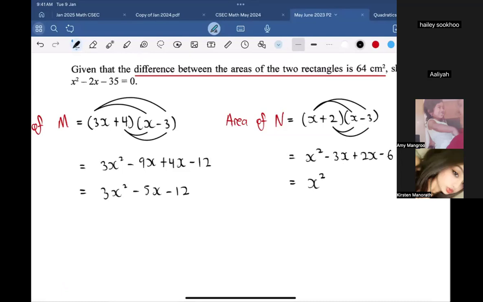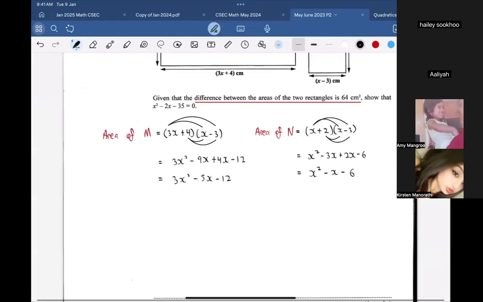You get minus x minus 6. Big up on yourself.